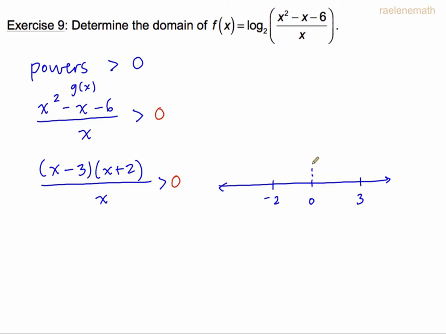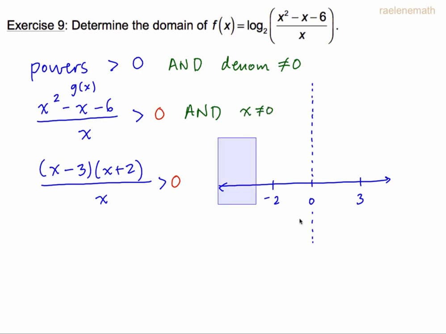Now I'm going to put a dashed line at the root of 0 because it's in the denominator, and I know that denominators can't be 0. Therefore, x cannot be 0. So really, I should put a second condition here: denominators can't be 0. And so from that, I have another statement, and x can't be 0. Okay, I'm going to move my sign chart over a little bit.